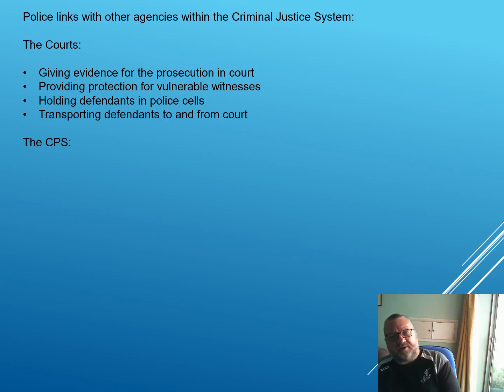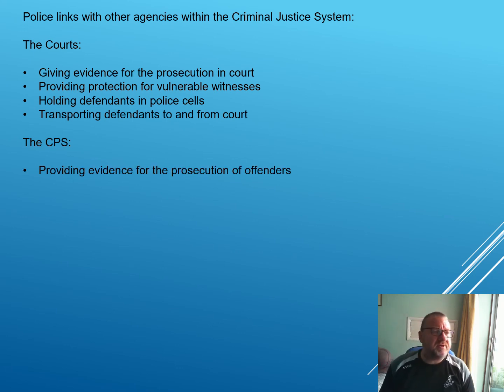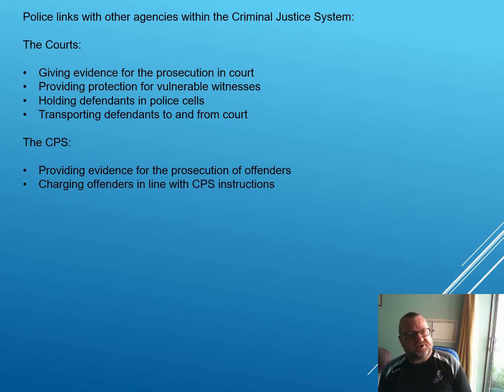Right, when we talk about the Crown Prosecution Service, how do the police work with them? Well, I've alluded to it already earlier on in this PowerPoint, but they will provide evidence for the prosecution of offenders. They'll conduct an investigation into the case and hand the files over to the CPS, who will make a decision whether to prosecute or not. But the police are responsible for providing the evidence for the Crown Prosecution Service.